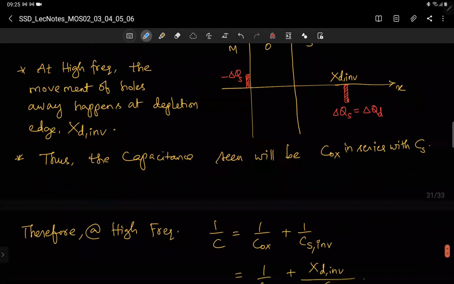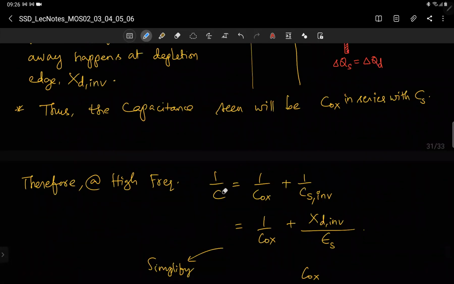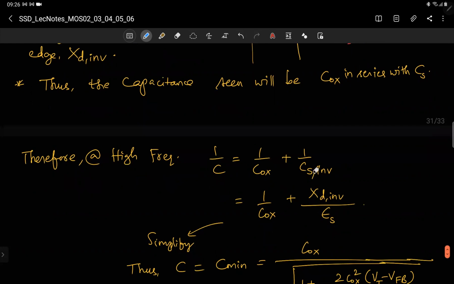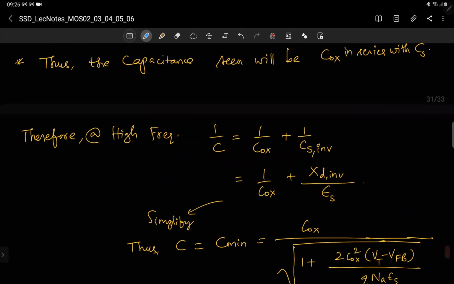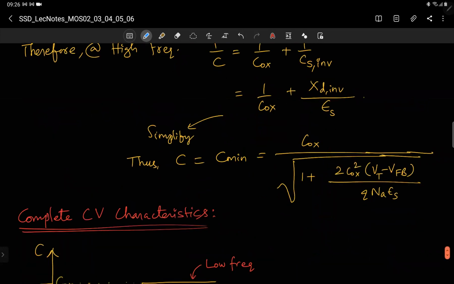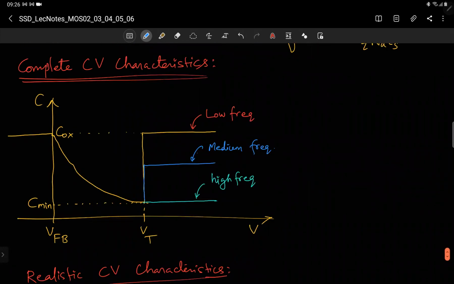Therefore, at high frequencies, 1 by C equals 1 by COX plus 1 by CS at inversion, the capacitance at threshold voltage, which is XD inversion by epsilon S. If you simplify, you get the same old C minimum formula. So that is the reason at high frequency, whatever C minimum you found, it will saturate at high frequencies.